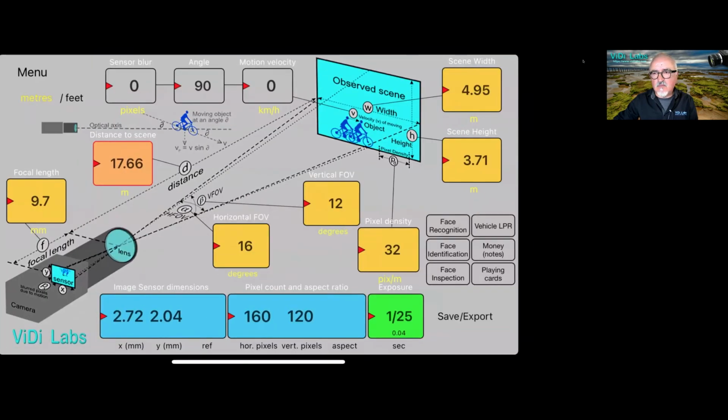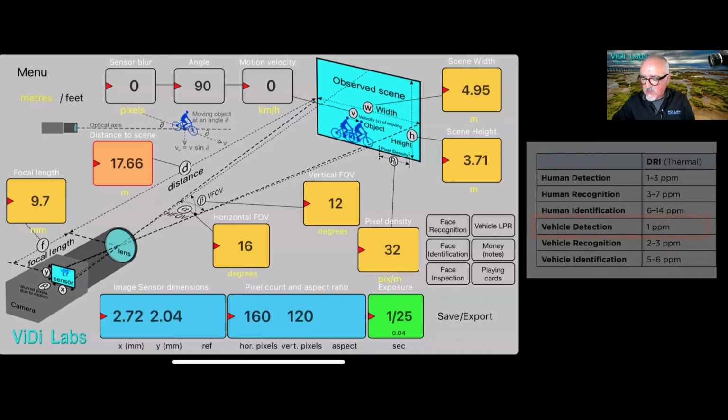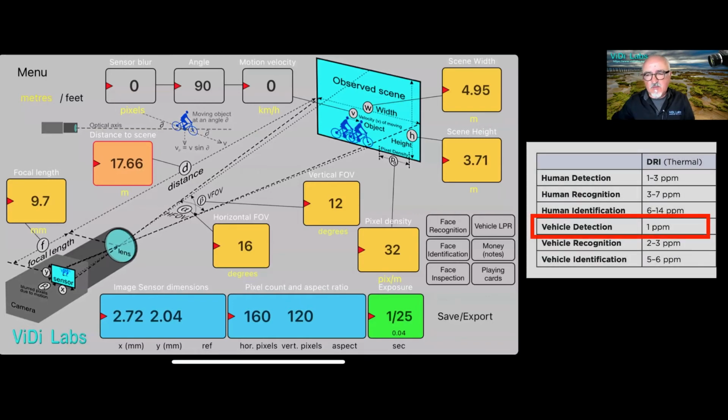Okay, so this is the starting point we had. So let's now go according to thermal detection. Remember we had a table that said to detect a vehicle you need at least 1 pixel per meter.